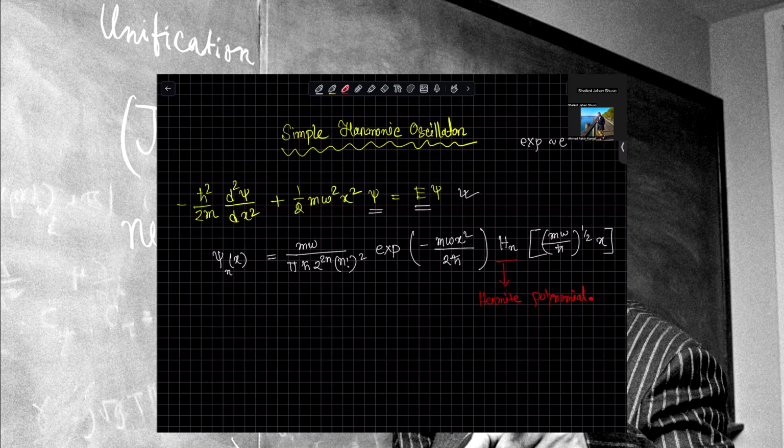And the energy eigenvalues will look something like this: n plus half times h bar omega, where n equals 0, 1, 2, 3, and so on. n equals 0 corresponds to the ground state, the state with the lowest energy.